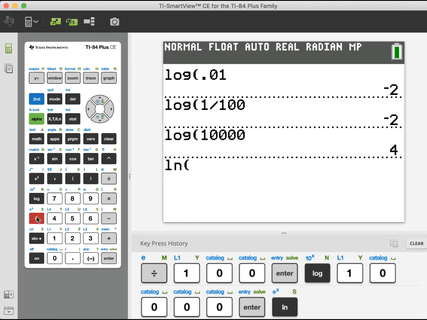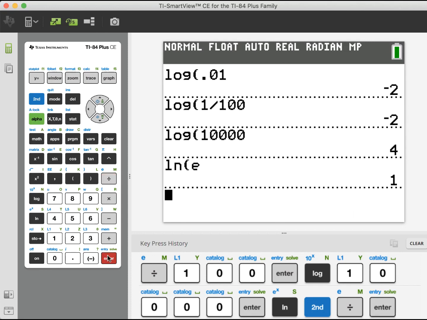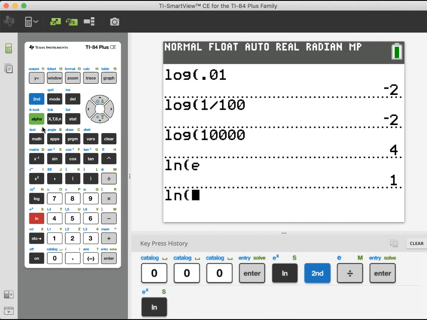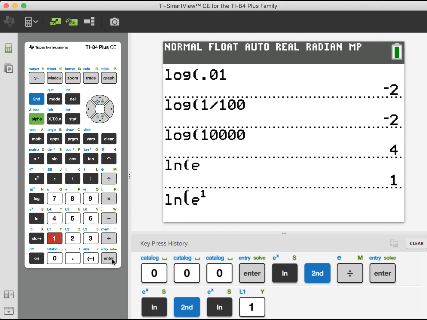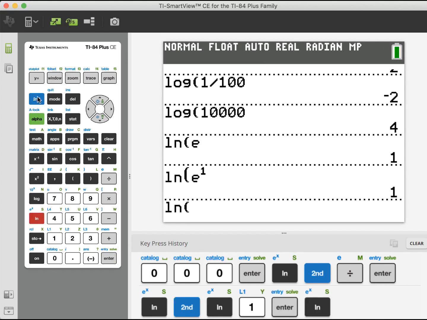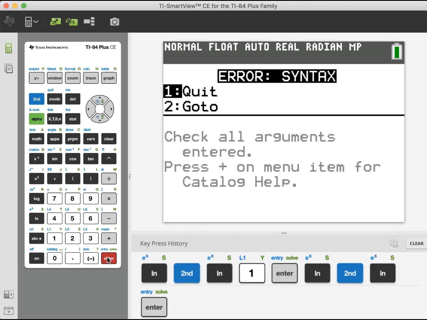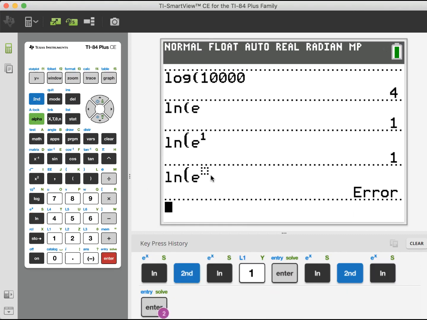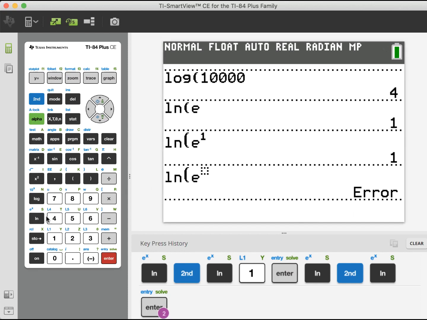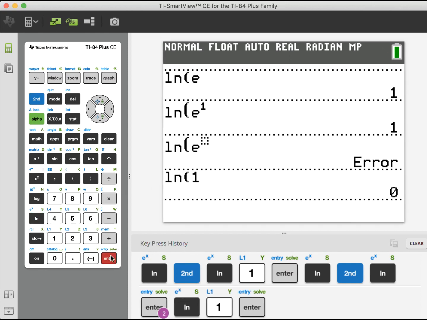Natural log is right here, so ln of e, and to get e by itself, just do second divide, and you'll get 1. Or you can do second ln, but you'll have to put a 1 as an exponent there, because if you leave it blank, it gives you a syntax error. So just be careful with that. Of course, natural log of 1 is 0.